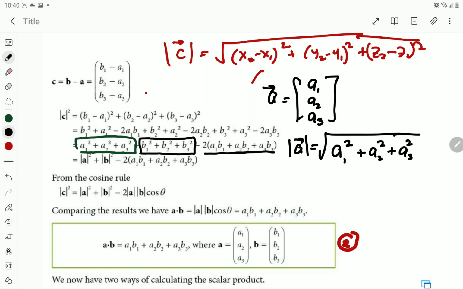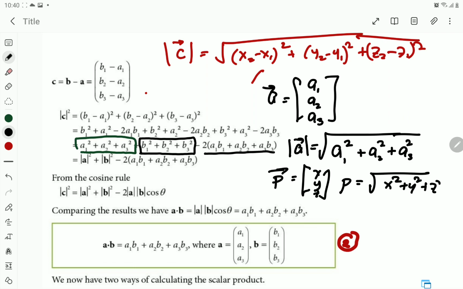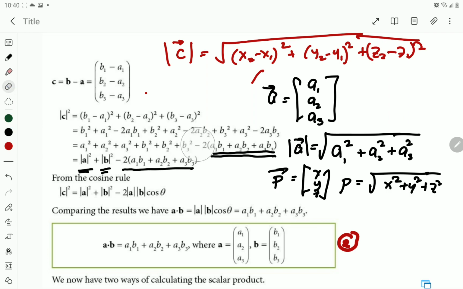Okay, that is a formula. Last time, we denoted, for example, vector P equal to (x, y, z), and said that its length is the square root of x squared plus y squared plus z squared. They're just the same, right? So that is this part, and that is this part. And then this one is actually this part. Okay? Don't get lost, huh?